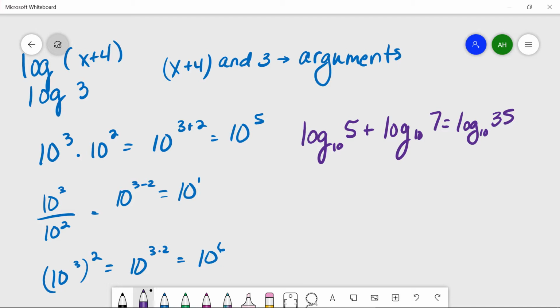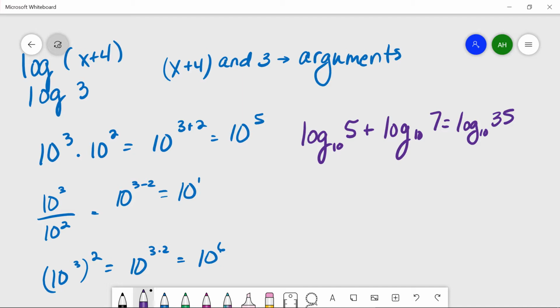All right, so think about that for just a moment. Here, remember with the log that I'm finding with this, what do I have to take? 10 raised to what number is going to give me 5? 10 raised to what number is going to give me 7? Remember, that's kind of what I've got going on there, right?